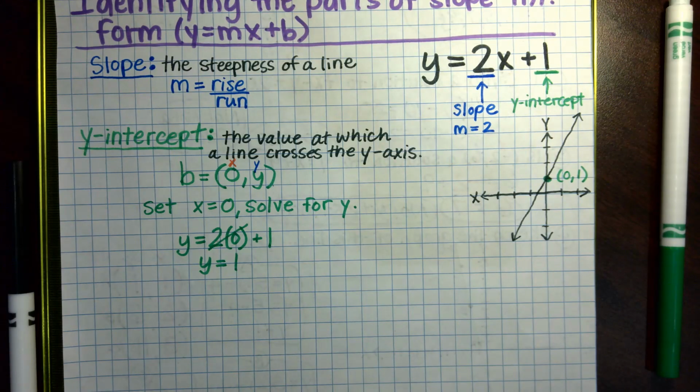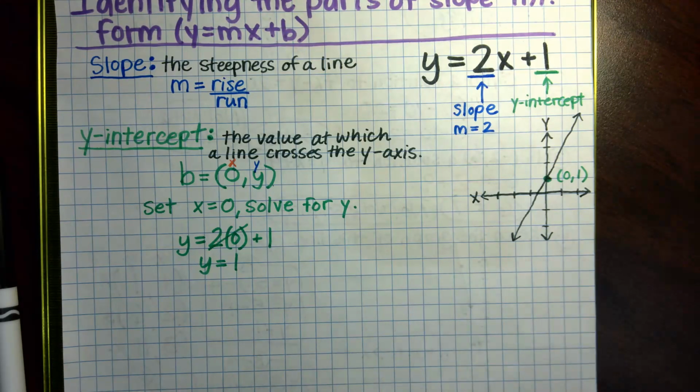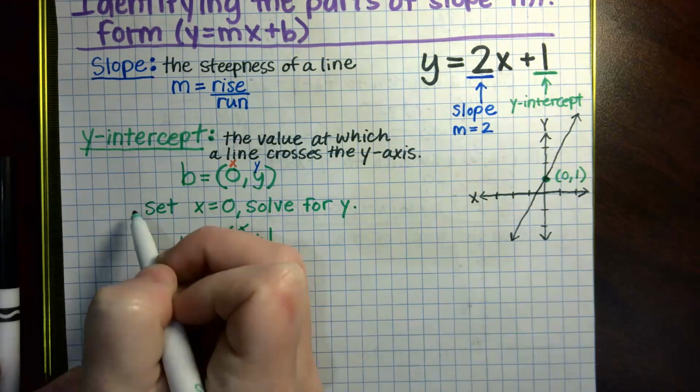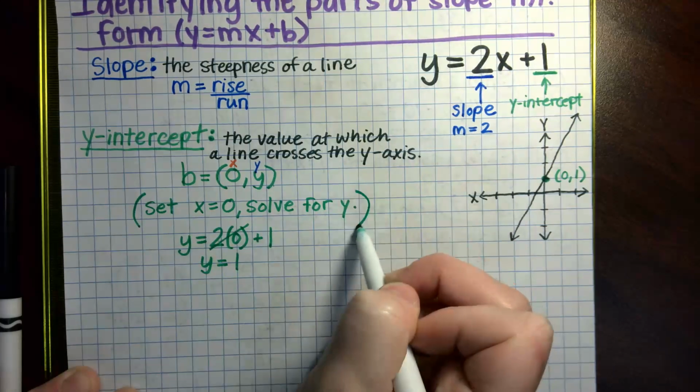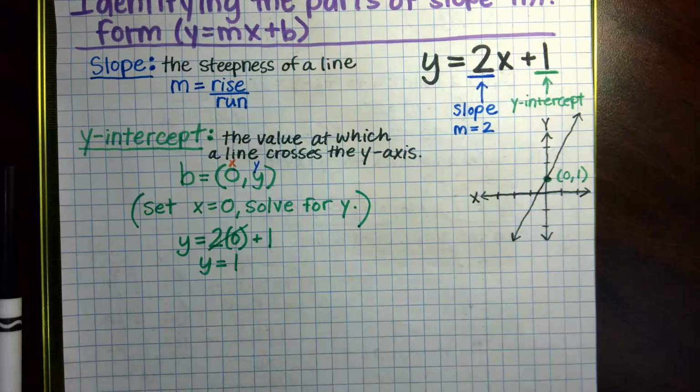So, finally, we are going to look at our very last term here. We've done slope, we've done y-intercept, and just for your information, we are going to learn about x-intercept.